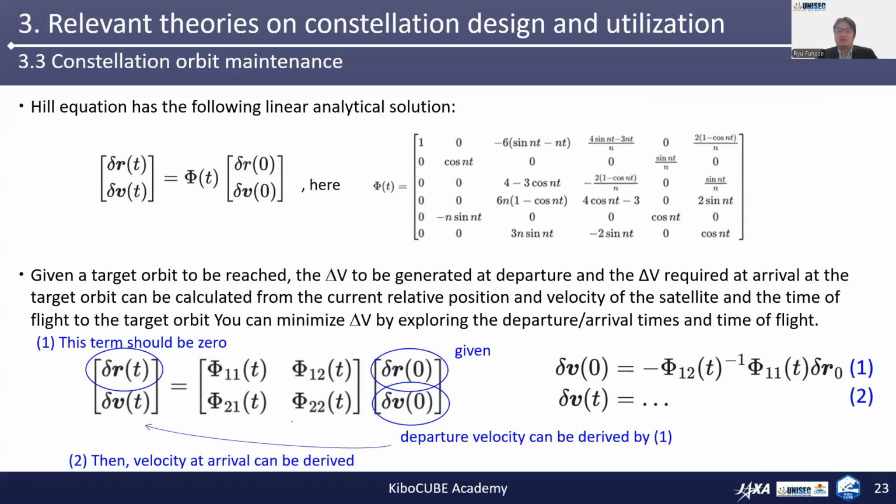Given the initial conditions of the relative position and velocity from a reference satellite, the relative position and velocity after a given time can be calculated using this equation.